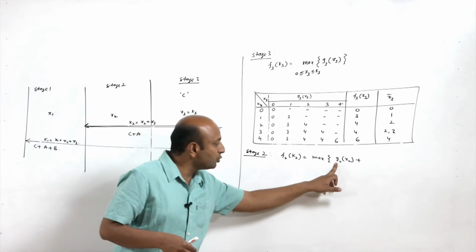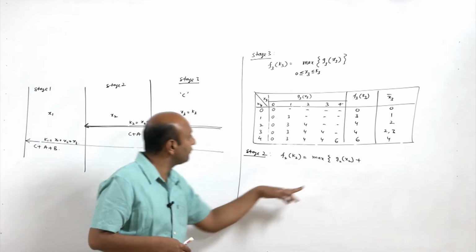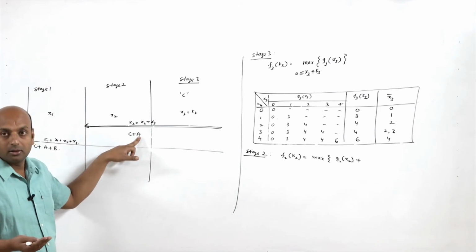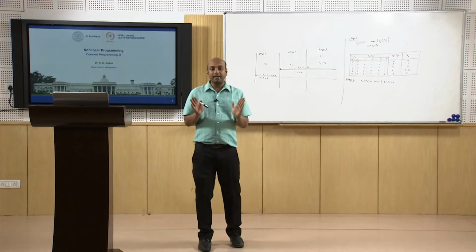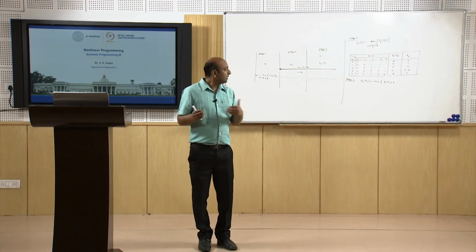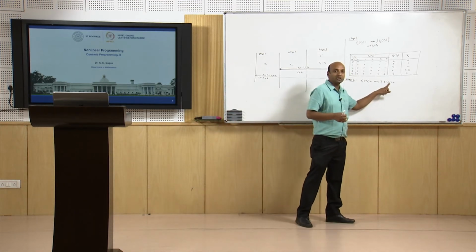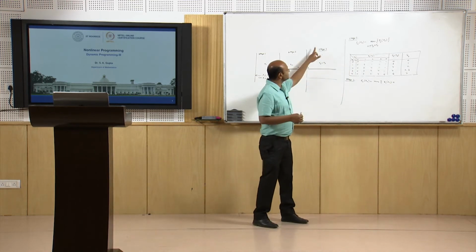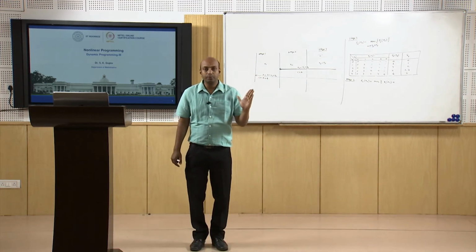Now, G2X2 is the return obtained from stage 2, plant A. If we have plant A, the return obtained from different values of x2 will be G2X2, plus whatever we obtain from stage 3, that will give C and A, that will give our return for stage 2.